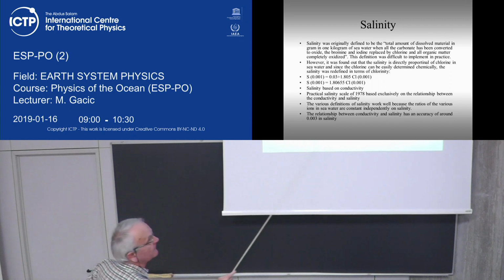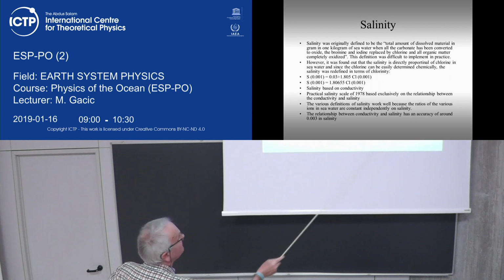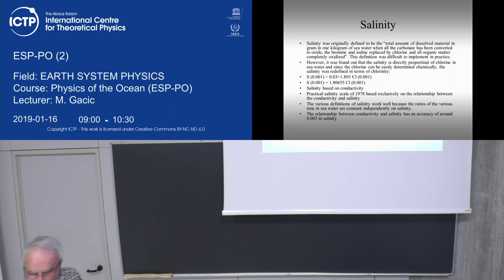And the relationship between conductivity and salinity has an accuracy of about 3 parts per thousand. So more or less the accuracy of both temperature and salinity is a few parts per thousand, which is also another important accuracy in order to distinguish between different water masses.